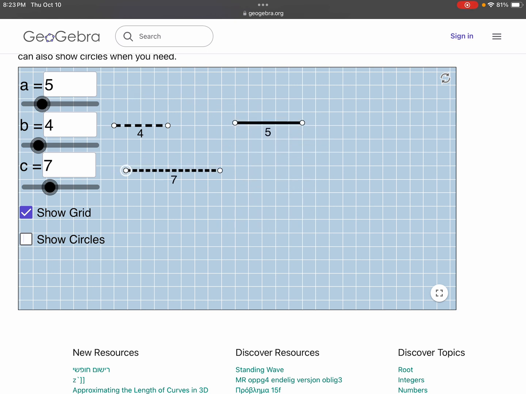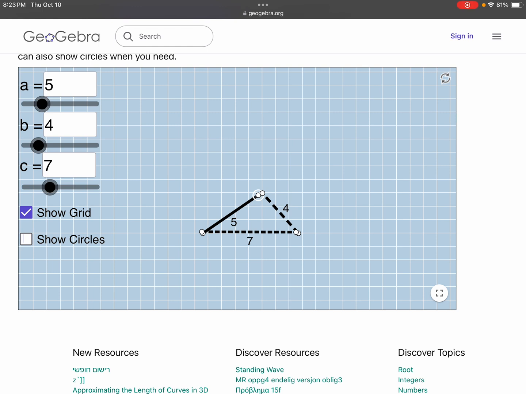I would like to put the 7 here on the bottom. And then I will put the 4 over here, and I will match them up there. And then I could turn that 4 any place I want. I'm going to put that with the 5, and I can make a triangle.